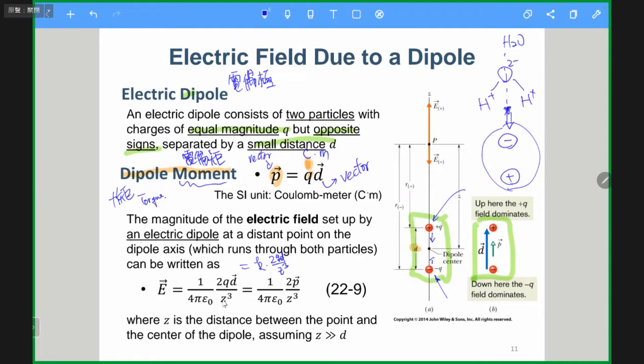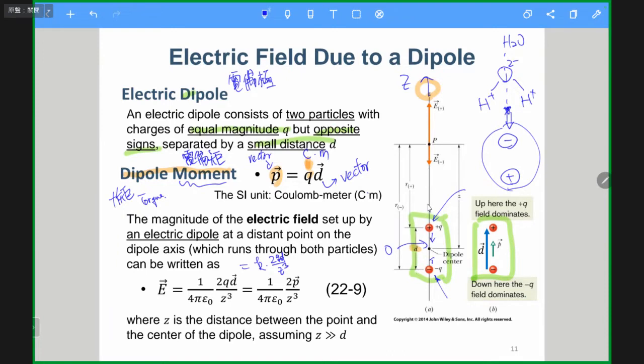Z cube. Z means we connect these two charges, and this axis is called the Z-axis here. Of course, the positive Z direction is from the negative charge to the positive charge. Maybe you can just call this point 0, and then go to that side.